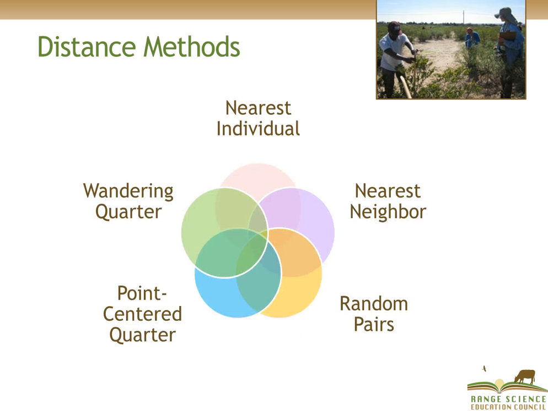The most commonly used distance methods are nearest individual, nearest neighbor, random pairs, point-centered quarter method, and the wandering quarter method. More information about the application and use of counting methods and distance methods will be provided in subsequent lessons.